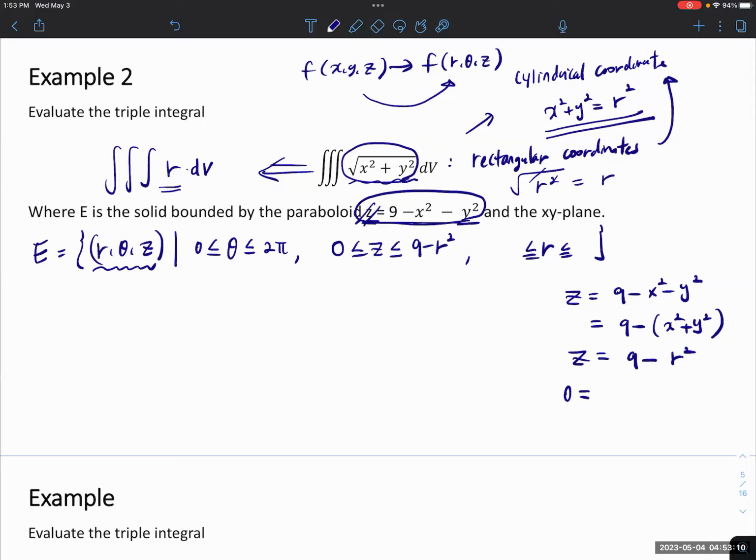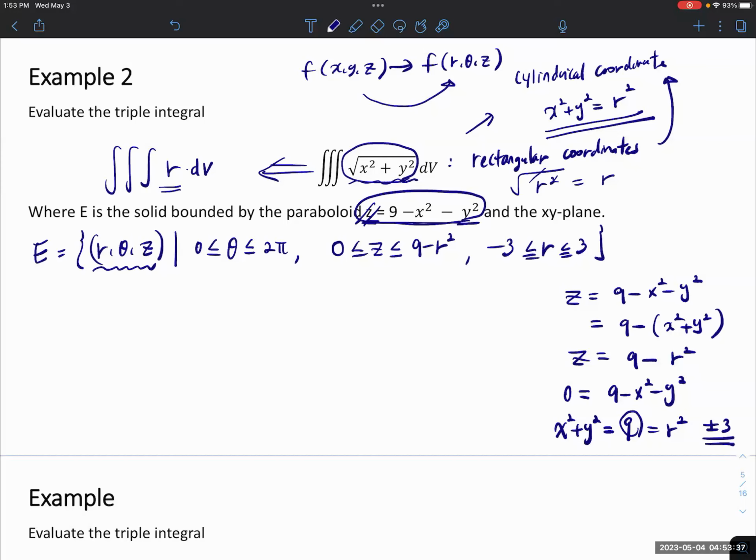So 0 equal to 9 minus x squared minus y squared. So we already know that this is going to be x squared plus y squared equals 9. So this is exactly a circle equation. And in the circle, this is r squared. So r is going to be plus or minus 3, isn't it? So it's going to be -3 to +3.